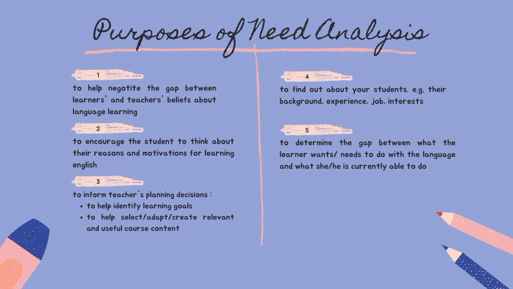It means like to help identify learning goals and to help select or adapt or create relevant and useful course content. Fourth, to find out about your student. Means like understanding your students or the learners. Example, their background, experience, job interest, and etc.